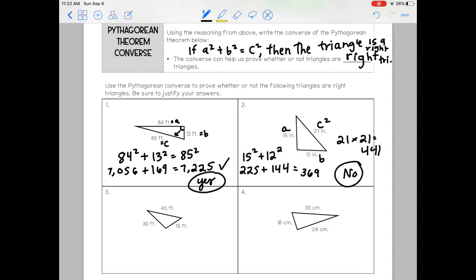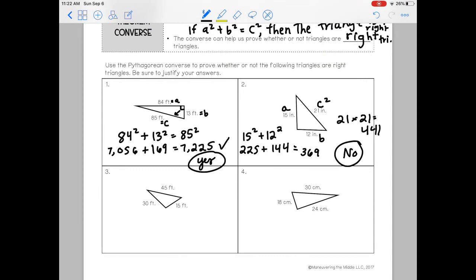So I want you to try 3 and 4 on your own. Pause the video, try them, and then come back for the answer. So if you did 3 correctly, you would have got 30 squared plus 15 squared. 30 squared would be 900. 15 squared would be 15 times 15, which is 225.